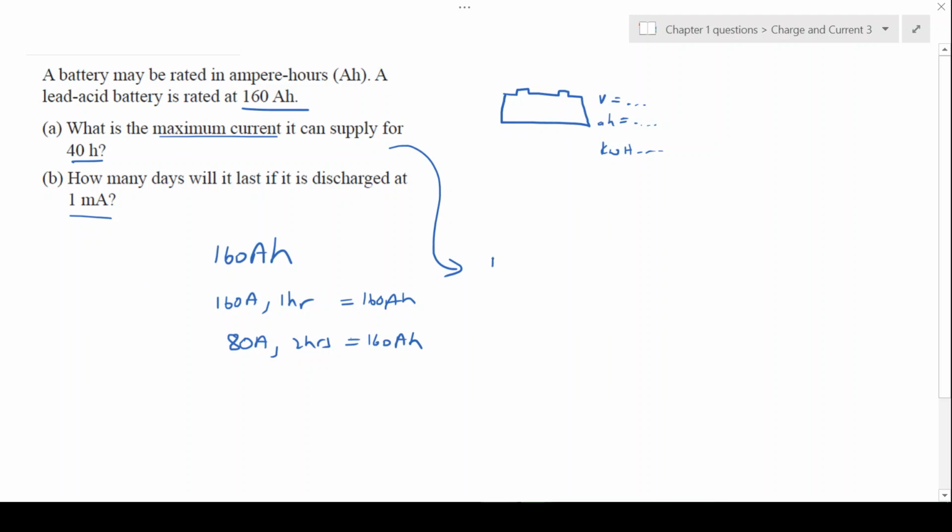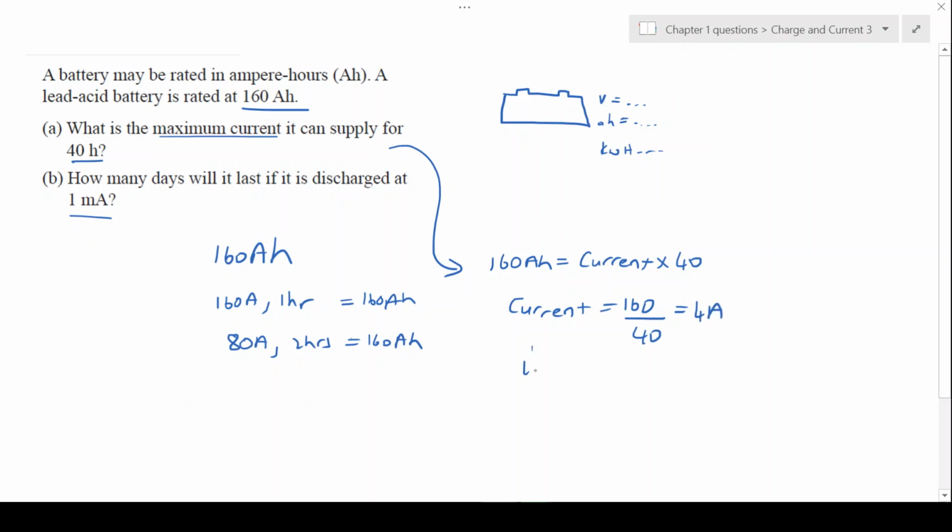So we know that 160 amp hours equals the current multiplied by the number of hours, which is 40. So the current that we're looking for will be equal to 160 divided by 40, and that should give us a value of 4.